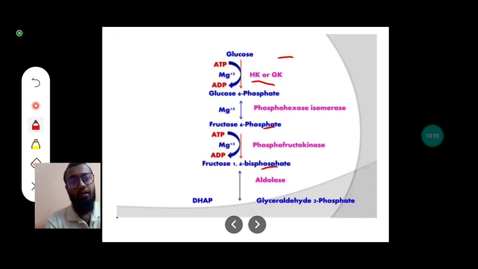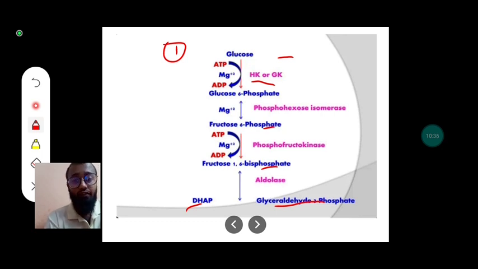If you memorize the product, you will easily memorize the enzyme involved. So we are seeing the first phase of glycolysis. And fructose 1,6 bisphosphate is converted to two molecules, dihydroxyacetone phosphate and glyceraldehyde 3 phosphate.